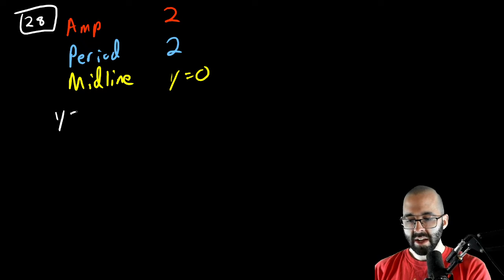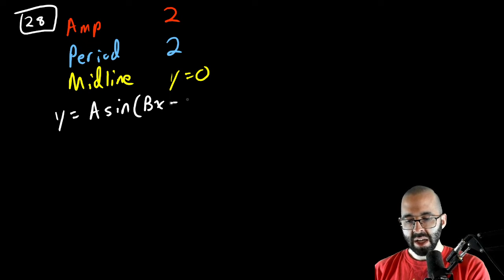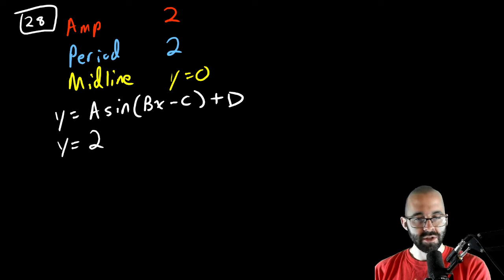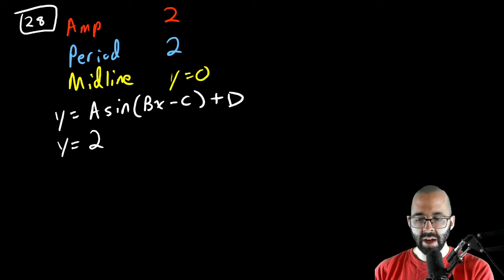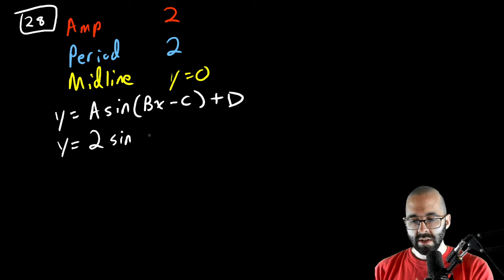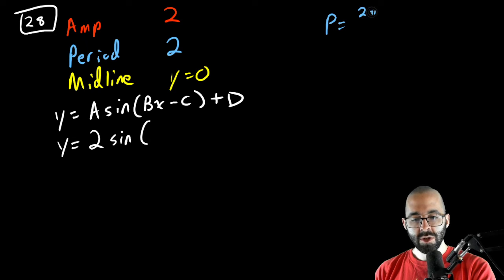So it wants us to use sine. So we're going to have y equals a times sine of (bx minus c) plus d. We know a is 2. There's no negative because we're going up. Sine of b, we don't know b, right? The period is 2, but the period is 2 pi divided by the absolute value of b.